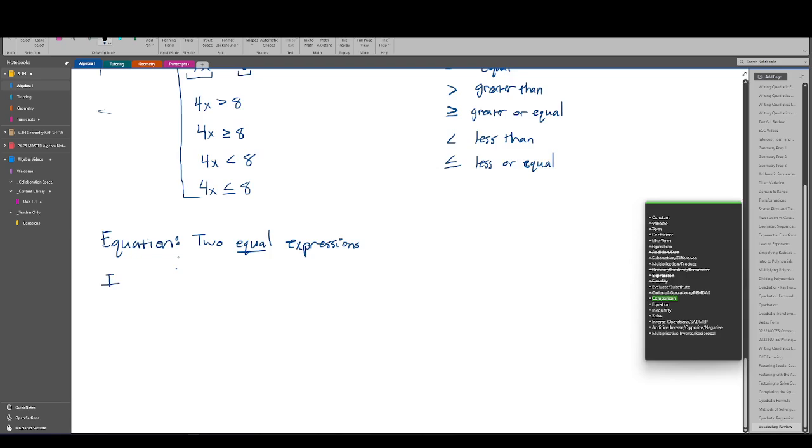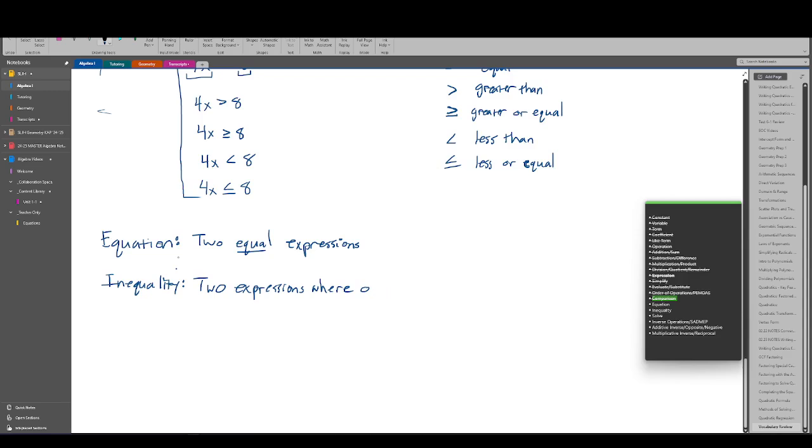Whereas an inequality is two expressions in which one is bigger or smaller.